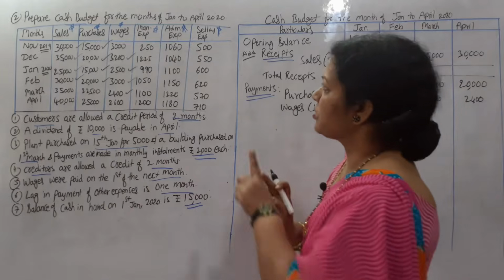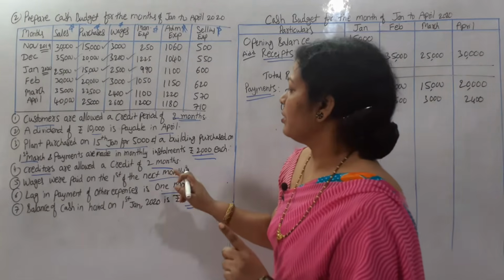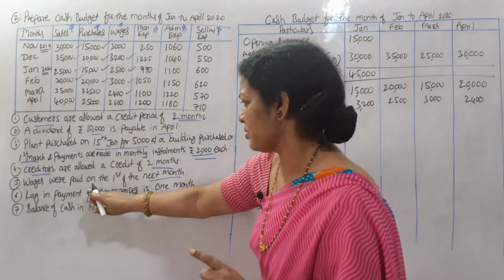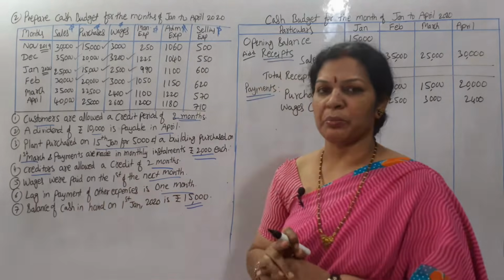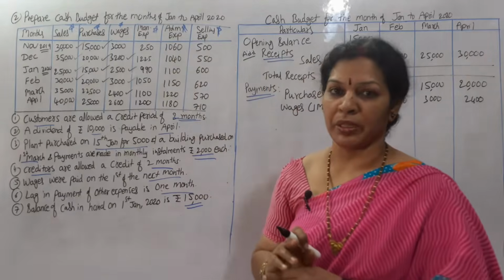Over. Next, manufacturing expenses. They said lag in payment of other expenses is 1 month, means all these expenses also 1 month.